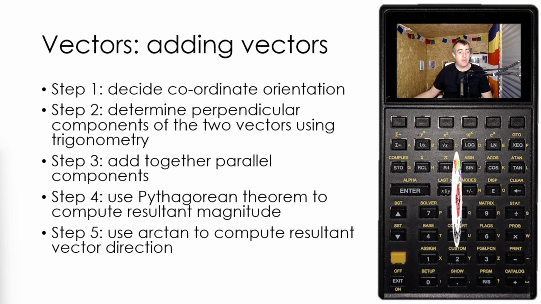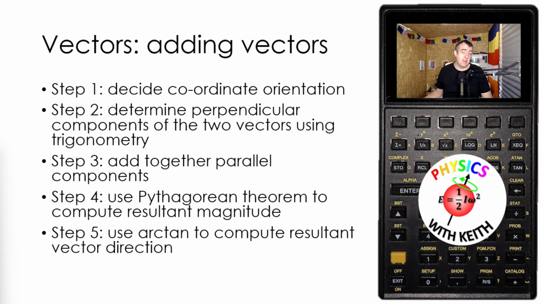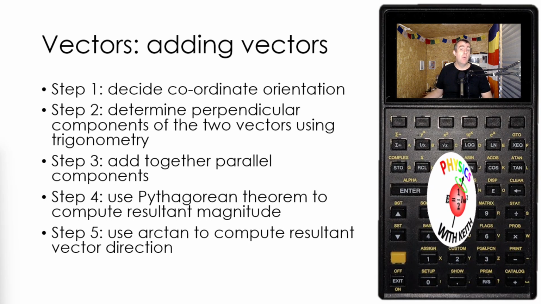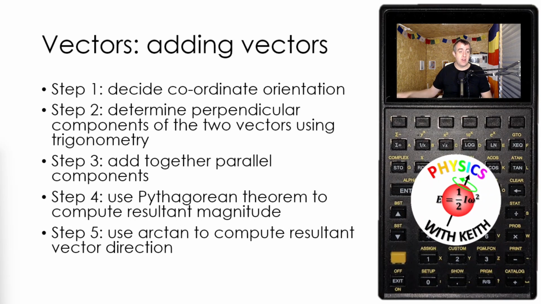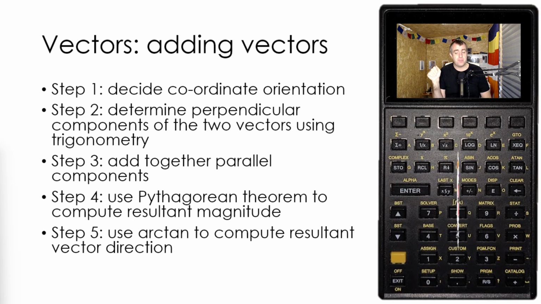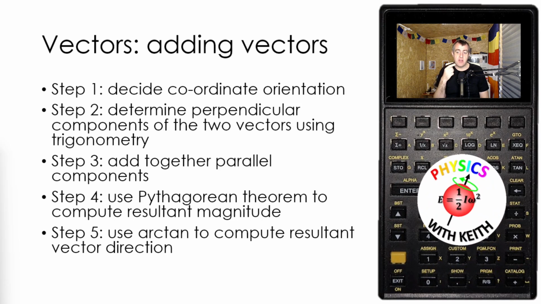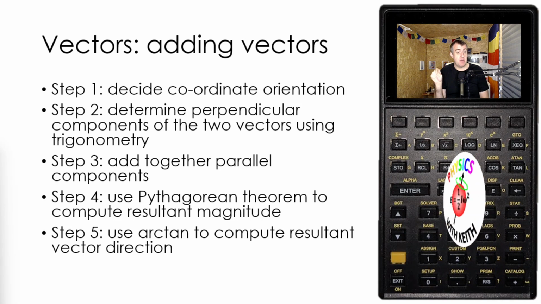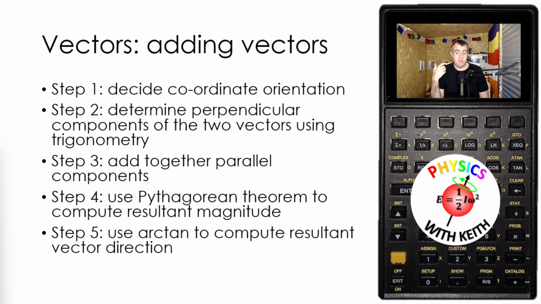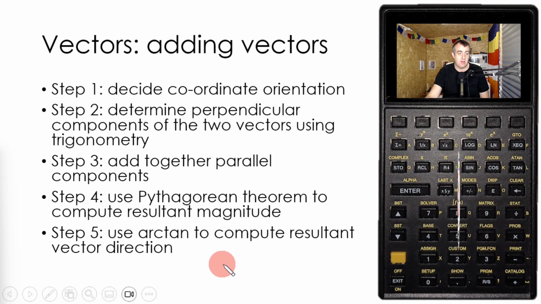We could do this for both vectors, or, since we're adding 2 vectors together, we could take one of those vectors as being parallel to one of those Cartesian coordinate directions, and then the magnitude in the other 2 would be 0. That's going to make the sum a little bit easier. We add together components of the 2 vectors that happen to be parallel, and then we use Pythagorean theorem to compute magnitude, and finally step 6, we can calculate the angle.